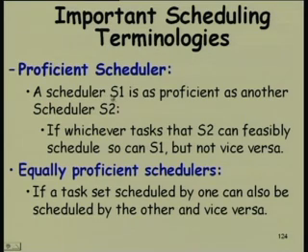So, a scheduler S1 is as proficient as another scheduler S2 if, for the set of tasks which S2 can schedule, S1 also can schedule it. So that means whatever S2 can schedule, S1 can also schedule, and vice versa.